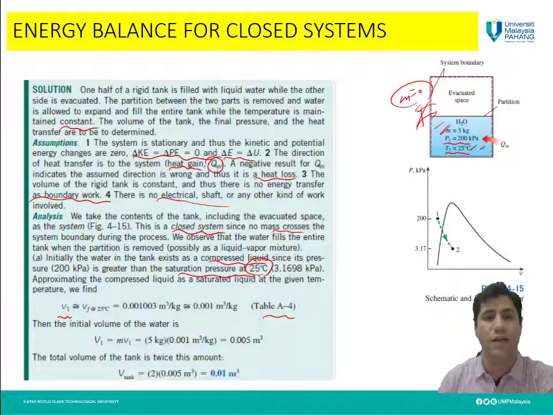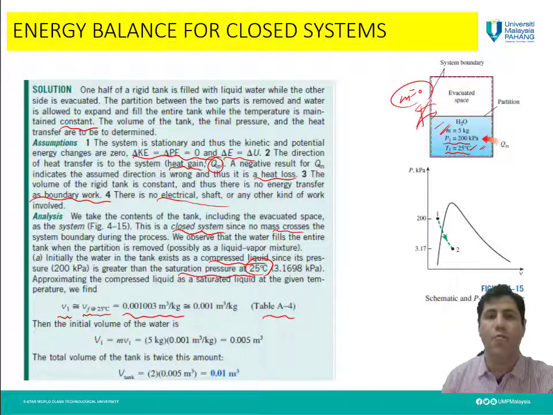You can go to the compressed liquid table and find the specific volume, but you can also go to table A4 and find vf, the specific volume for saturated liquid at 25 degrees Celsius, which is equal to this. So you can find the specific volume from the table and the information which we have for the initial state.